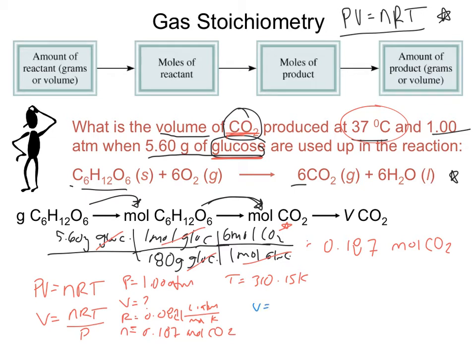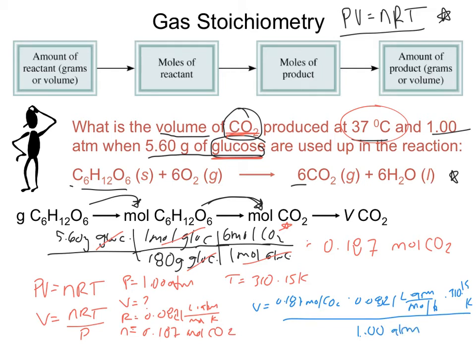My volume is going to be equal to 0.187 moles CO2 times my constant 0.0821 liters times atm per mole Kelvin, times my temperature, which is 310.15 Kelvin. All of that is going to be divided by my pressure, which is 1.00 atm.